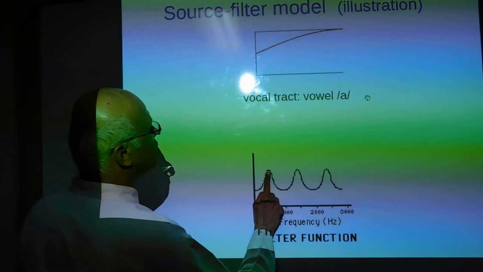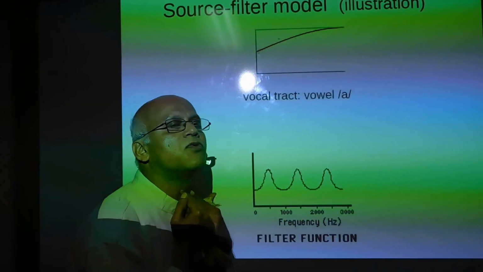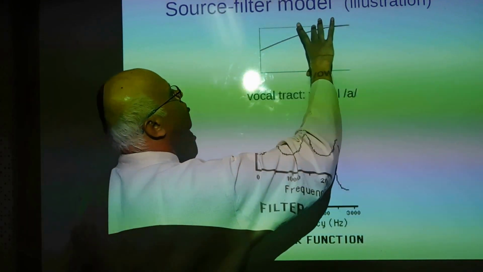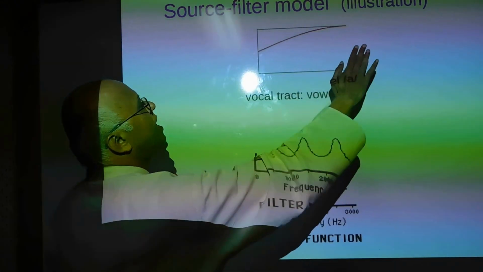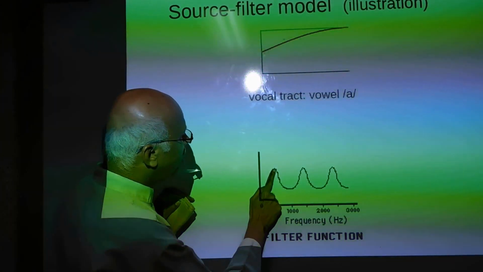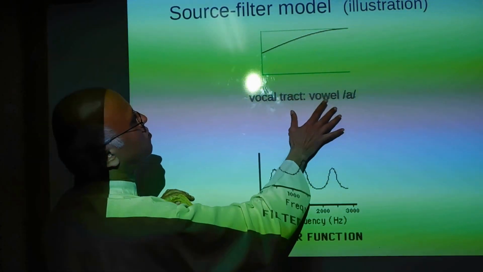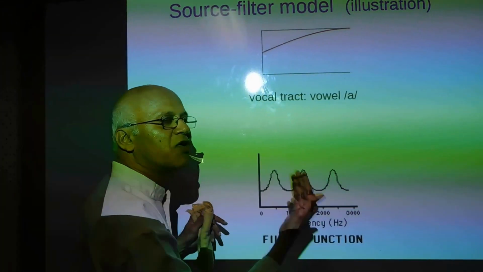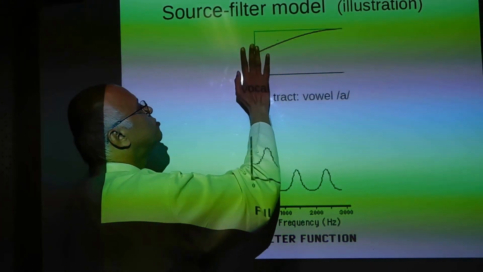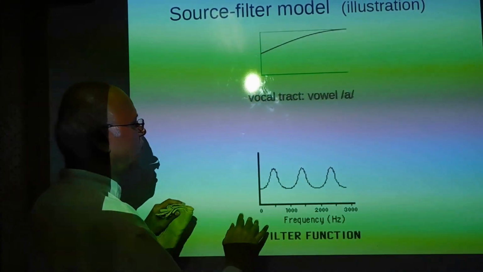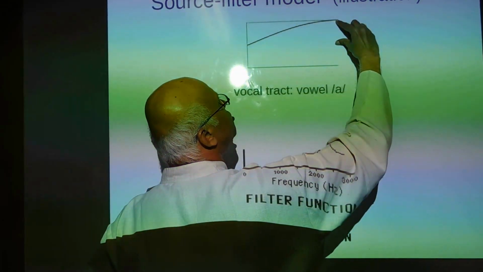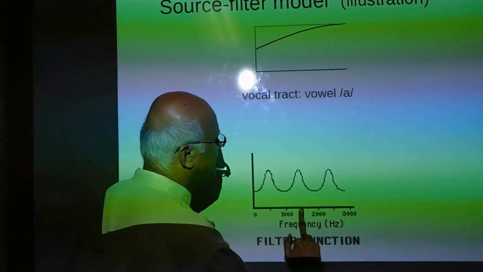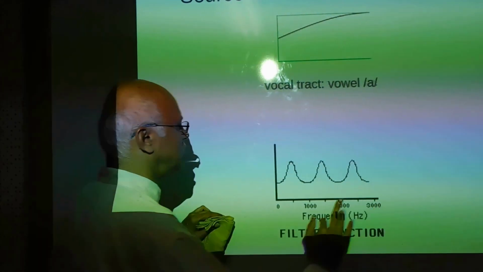If you assume that the vocal tract or the filter is a tube of uniform cross section closed at the glottis end and open at the lip, the first resonance peak should occur at 500 Hz for the case of the vowel A, and its odd harmonics. The odd harmonic requirement comes because the tube should be closed at one end and open at the other end. That's the requirement. The amplitude of vibration should be maximum here and 0 here. Therefore, another peak should occur at 1500 Hz, 2500 Hz, and so on.